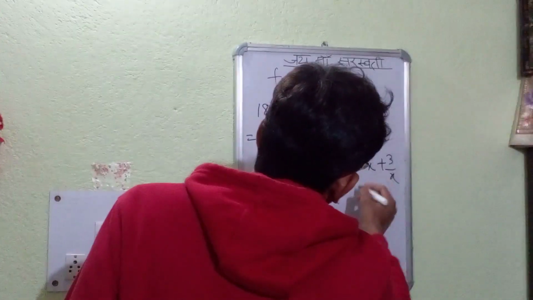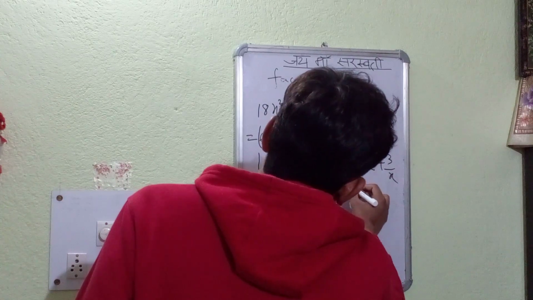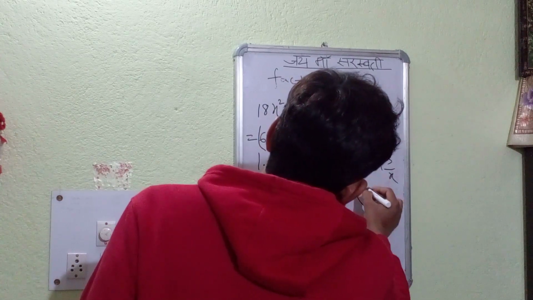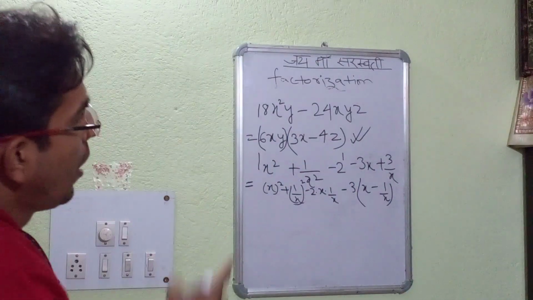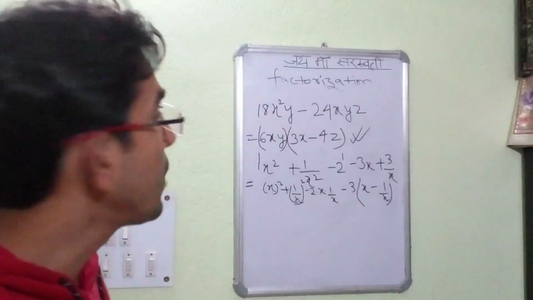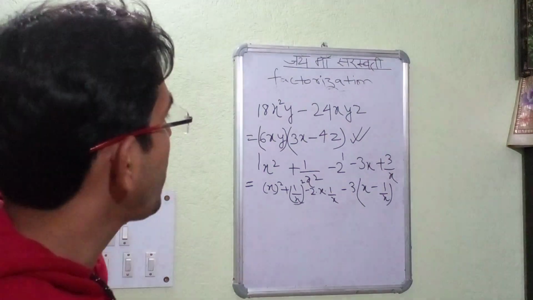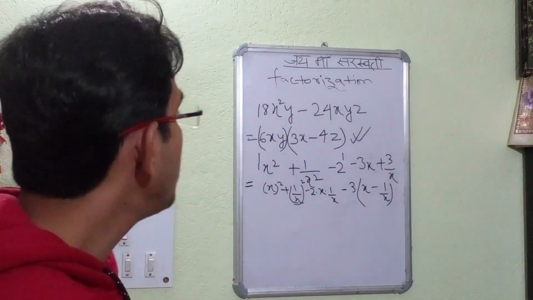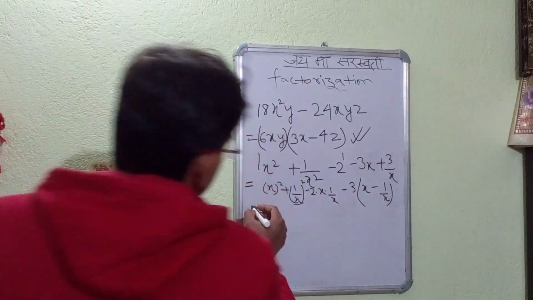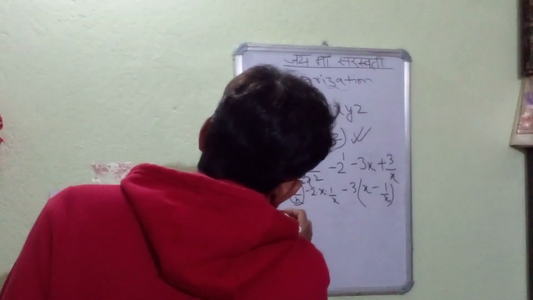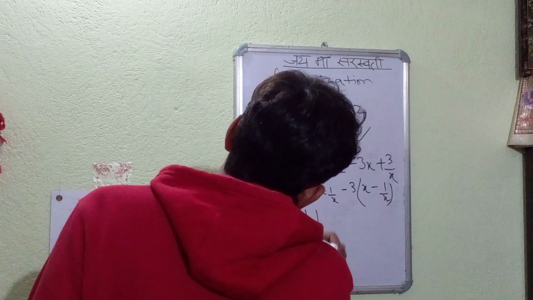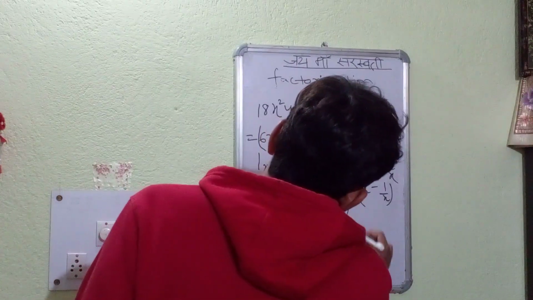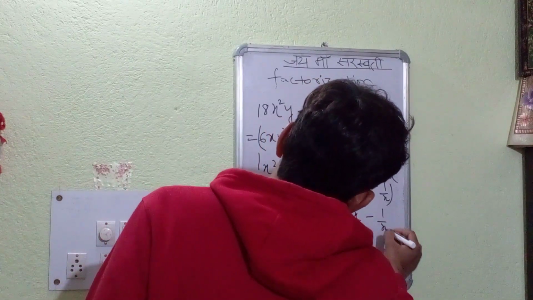Now in the last two terms, minus 3x plus 3 by x, if we take minus 3 out as common, we get x minus 1 by x. Now if we solve it, it is in the form of x minus 1 by x the whole square minus 3 times x minus 1 by x.